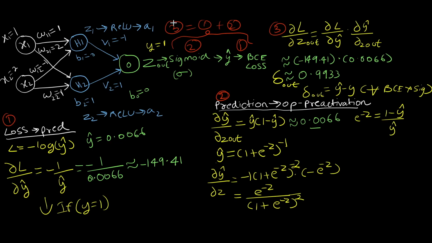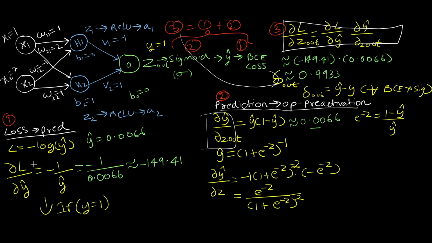So this is step 3, which is the error signal. We just do a chain rule in order to combine and multiply the partial derivatives of gradients. So here we can see the gradient of the loss function with respect to z, which is the weighted sum of the output, is nothing but we can represent it in the form of these two, which we calculated here. And these two we found the values already.